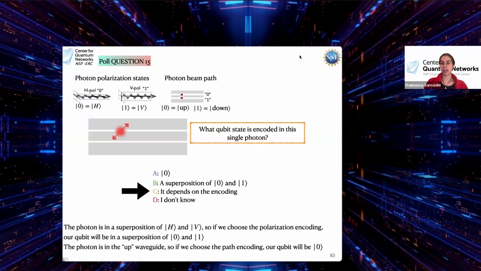So the correct answer is that it depends on the encoding, because different encodings identify a completely different state from a quantum information point of view. It's 0 on one side, 0 plus 1 if we choose polarization.